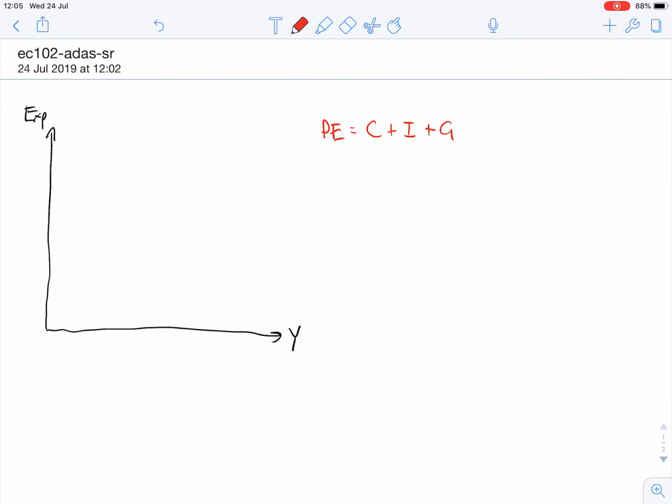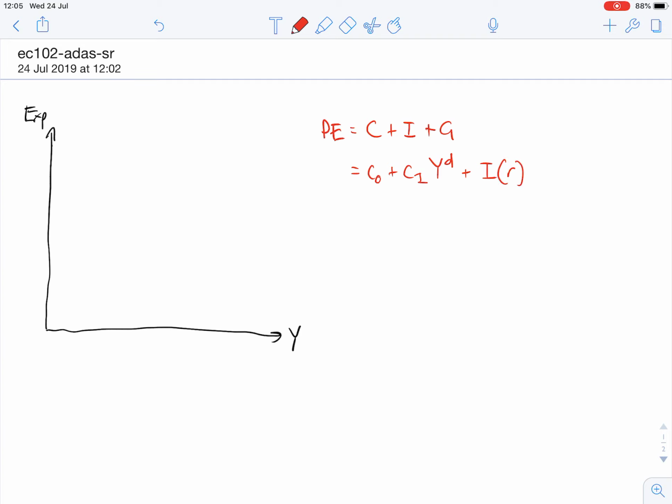We can further refine this particular identity by noting that consumption, at least in all of our cases, is usually given by the functional form C0 plus C1 times income, but now we're specifically talking about disposable income, YD. We also want to make sure that we capture the relationship between investment and real interest rates.